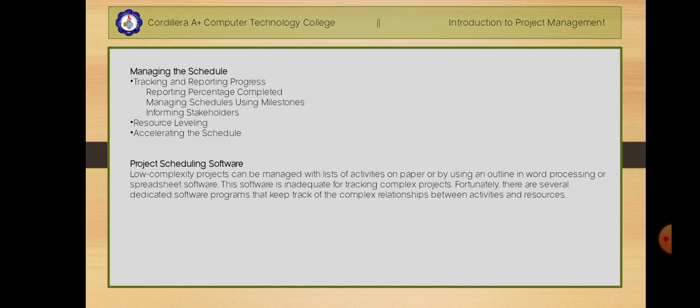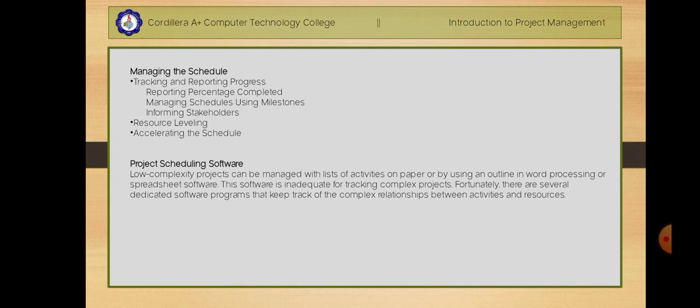Next is so those are under managing the schedule. Next is we have the project scheduling software. So here in the project scheduling software, low complexity project can be managed with list of activities on paper or pwede rin yung paggamit ng outline in Word processing, or pwede rin yung spreadsheet software.